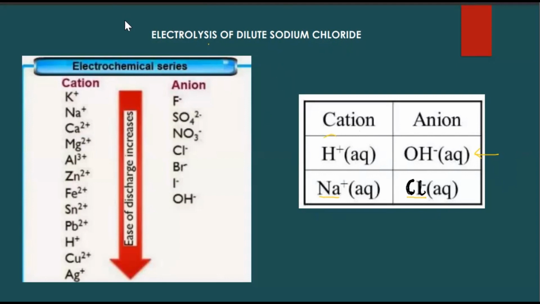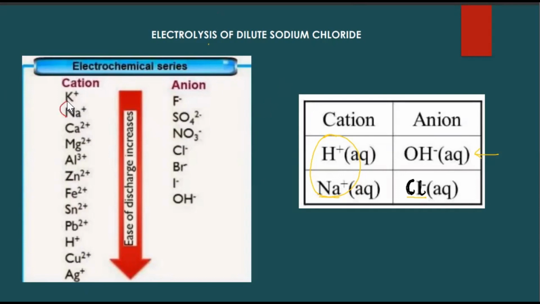Out of these rival ions, we'll check their position in the electrochemical series. As this arrow says, whichever ion is lower down in the electrochemical series will be discharged. So let's look at the position of Na ions and the H positive ion in the electrochemical series.